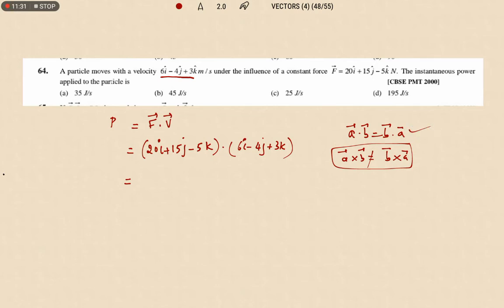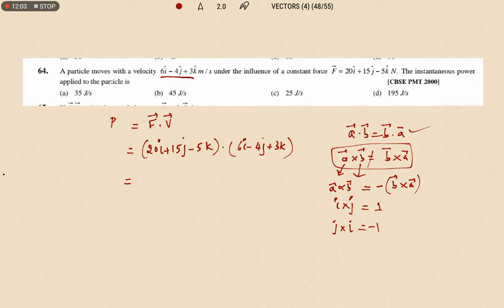But in calculating the cross product, definitely we should write first a bar, then b bar, because a bar cross b bar is equal to minus b bar cross a bar. I told you that already. If you take the cross product between i and j, i cross j is 1 and j cross i is minus 1. Because of that, in the dot product, whichever vector you write first, no issue at all.